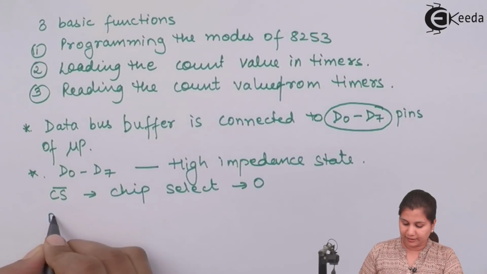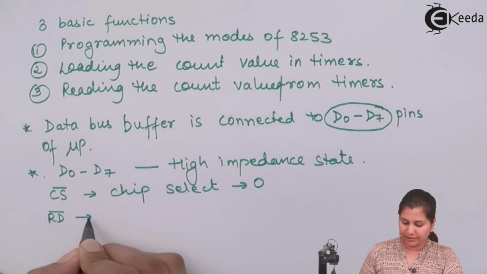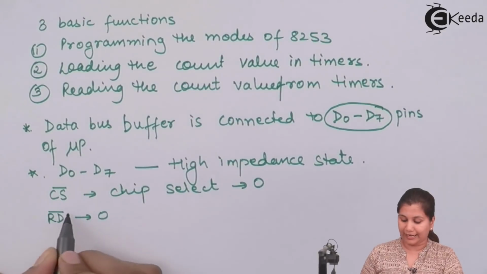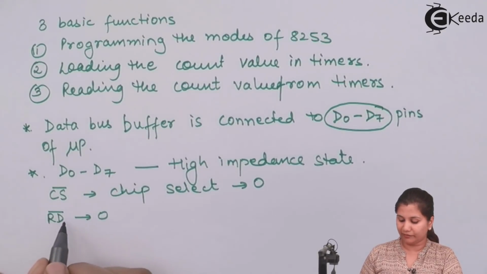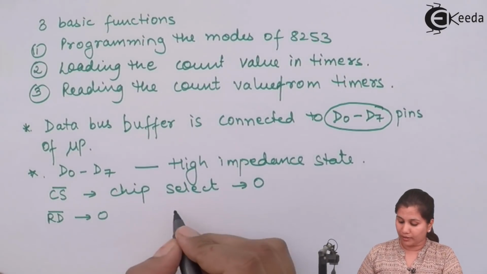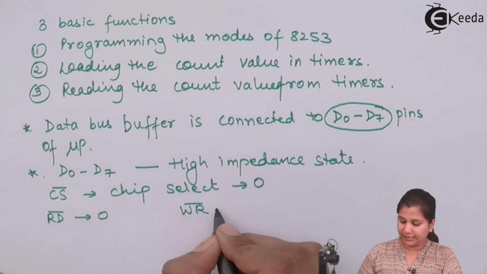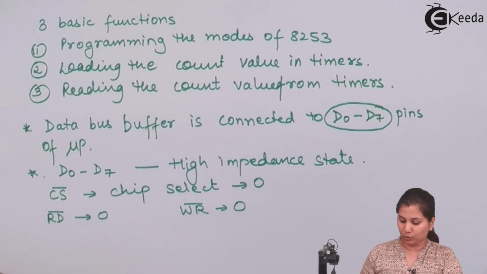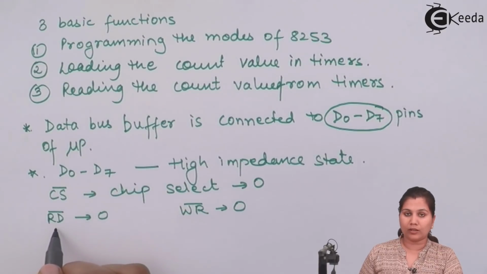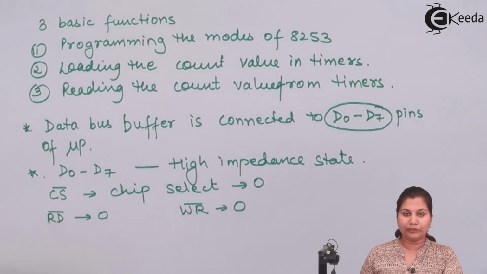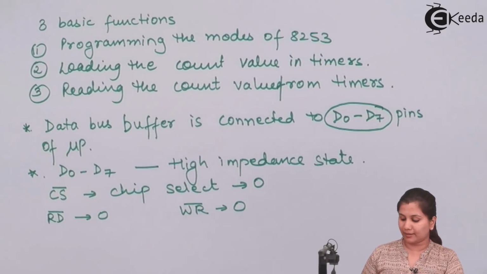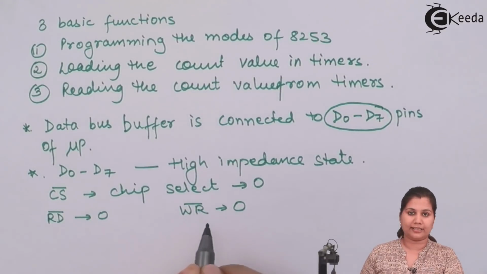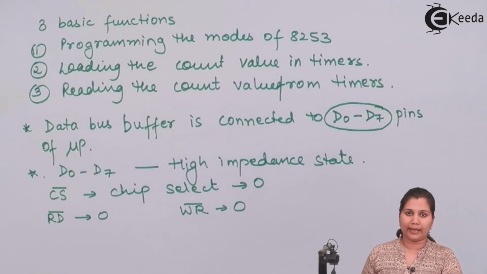Now if the read signal is activated, means its value is 0 because it's an active low signal, it will be active when its value is 0. Or if the write signal is active, means its value is 0. Then if read is 0, the count value will be read by the microprocessor, and if the write signal is activated, then the count is loaded into the timers.